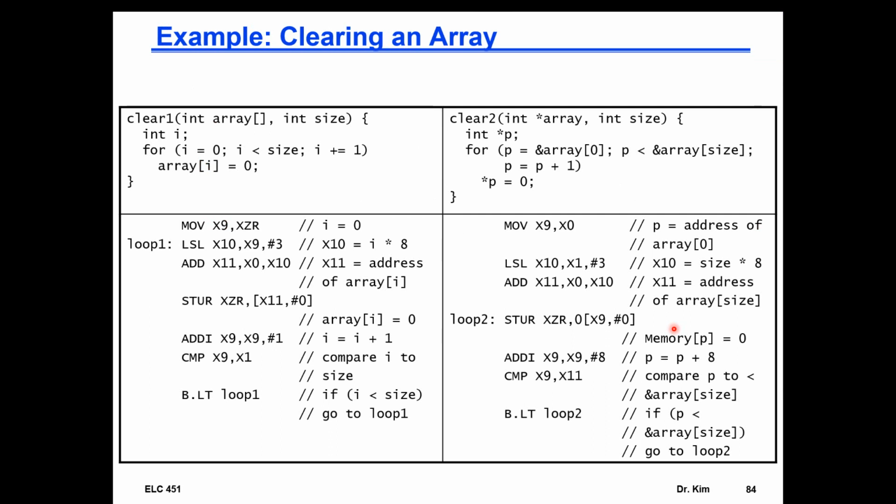For example, clearing an array using pointers versus using an array. So here's the array implementation, and I'm not going to really go through the specifics, but this would be the implementation using pointers.